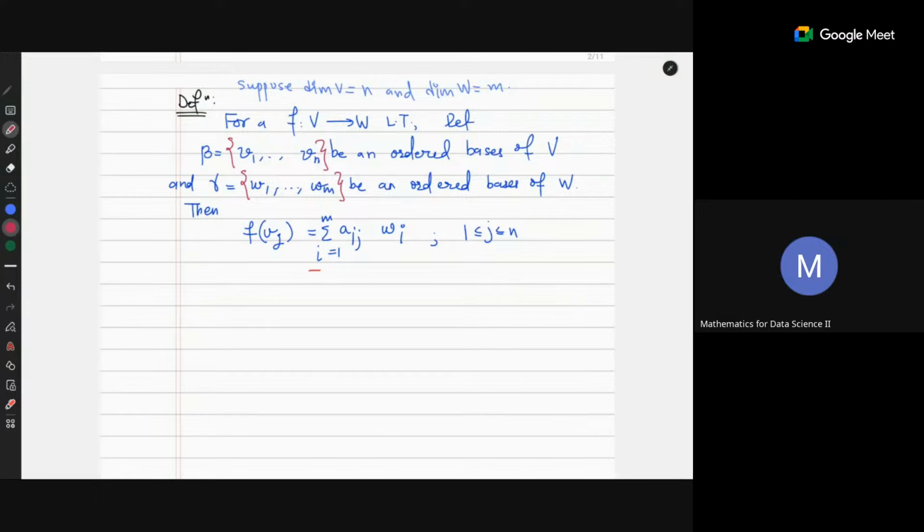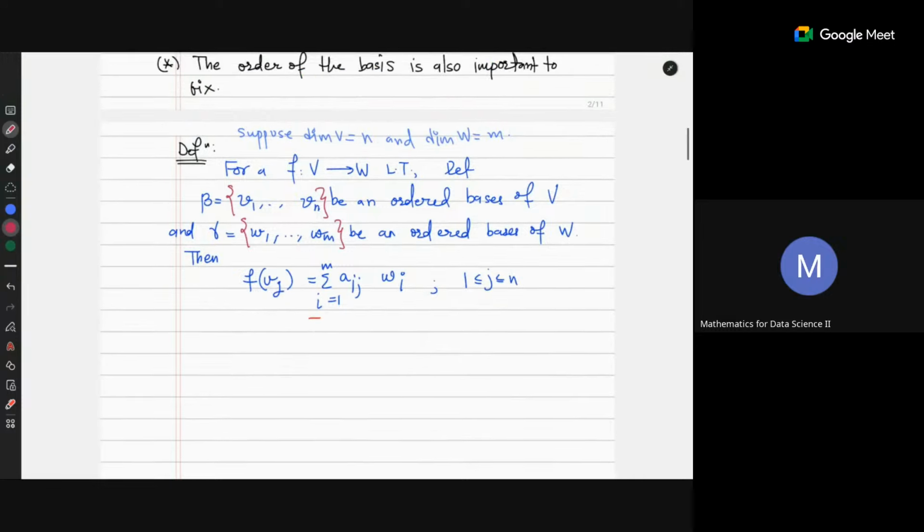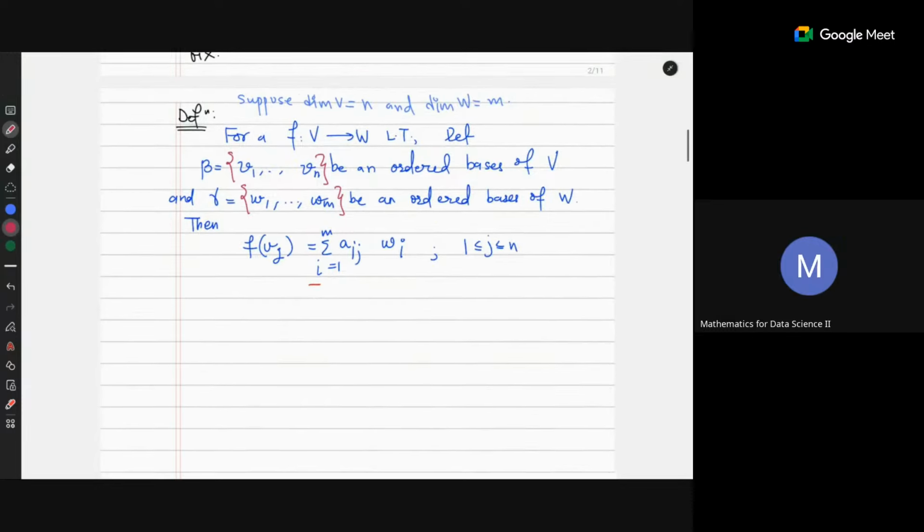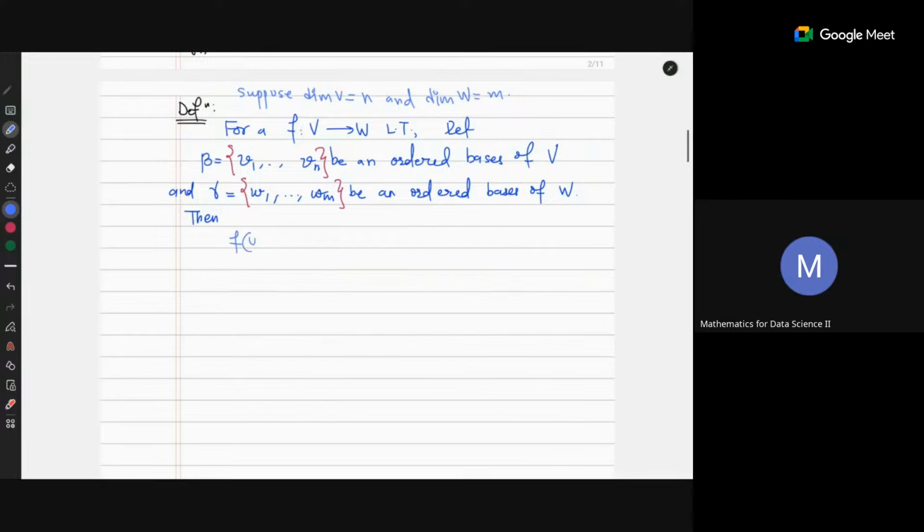Now, in order to write down the matrix, what is the first step? We start with the basis of the domain, and we look at their images. Let me do it step by step. We start with f of v1, because it is the first vector in the ordered basis.